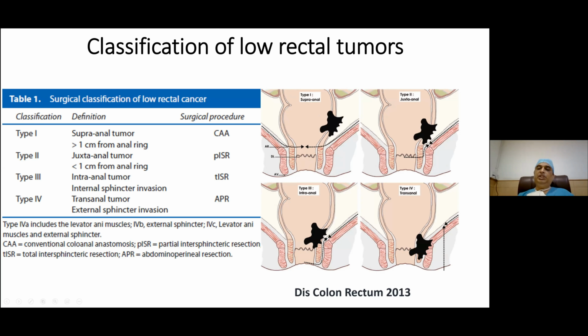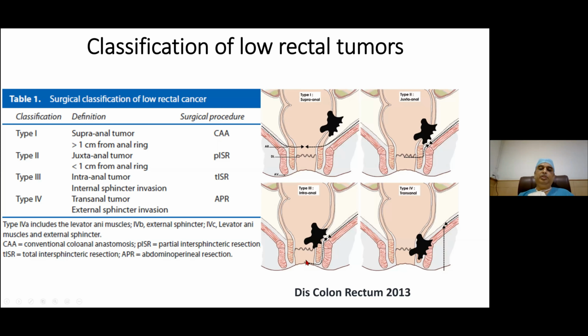For type 2 or juxta-anal, here you are not able to get a 1 centimeter margin. In these patients, one should do a partial intersphincteric resection with the anastomosis at the level of the dentate line to get a good negative margin. Type 3 is intra-anal, where the tumor is involving the internal sphincter up to the dentate line, but the intersphincteric groove is free.